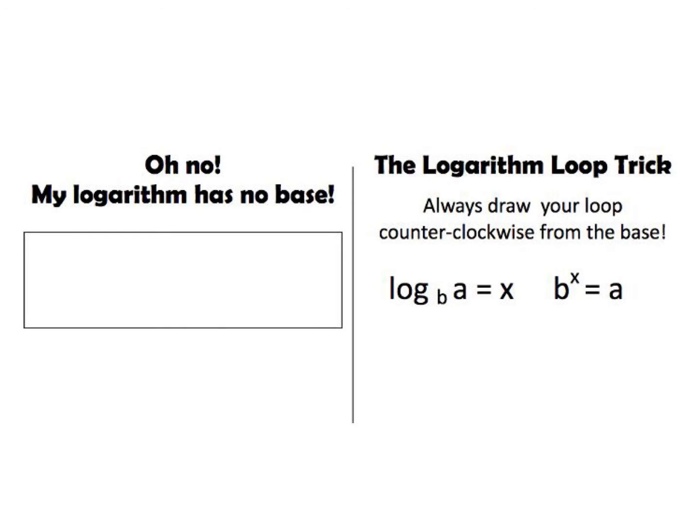To change a logarithm to its exponential form, it's easy to do if you make a counterclockwise loop. So I start at the base, and I go up and around, which gives me b raised to the x power is equal to a. So for an example, log base 3 of 81, let's figure out what that's equal to.